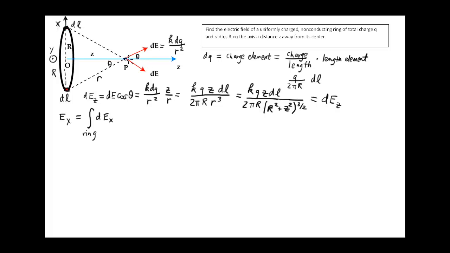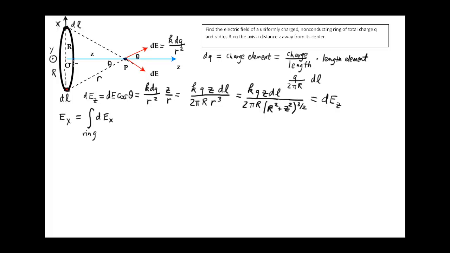And look what happens. Those two dE vectors both have the same z component, because they both lie along the positive z direction. But if the x-axis is upward, then the dE on top of the axis up here has a positive x component, whereas the dE lying in this direction has a negative x component.